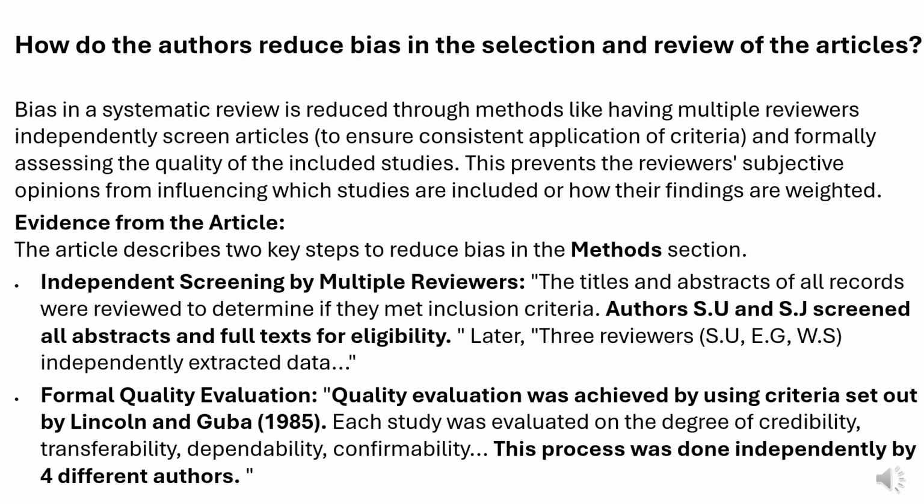Later, 3 reviewers, S.U., E.G., W.S., independently extracted data. Formal quality evaluation. Quality evaluation was achieved by using criteria set out by Lincoln and Guba, 1985. Each study was evaluated on the degree of credibility, transferability, dependability, confirmability. This process was done independently by 4 different authors.